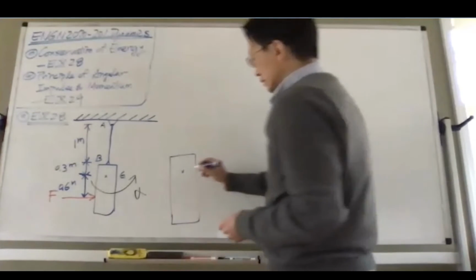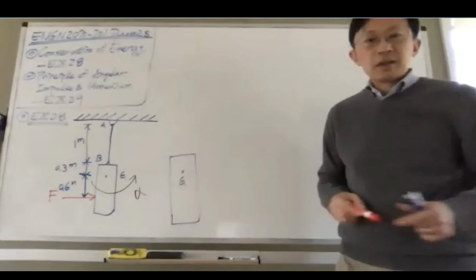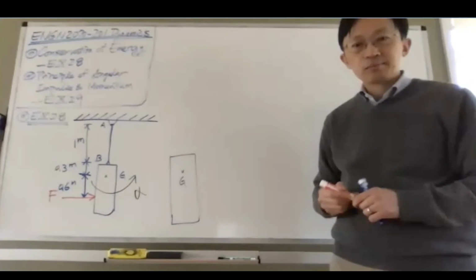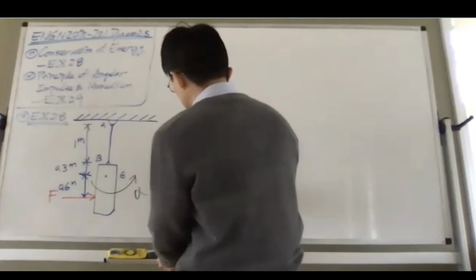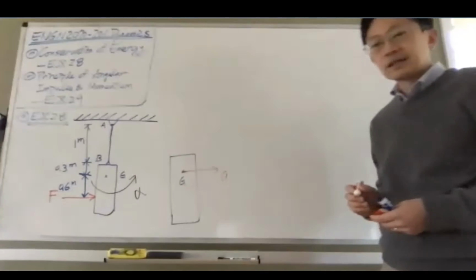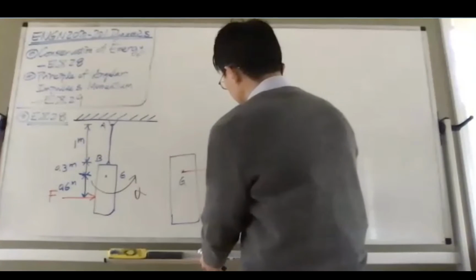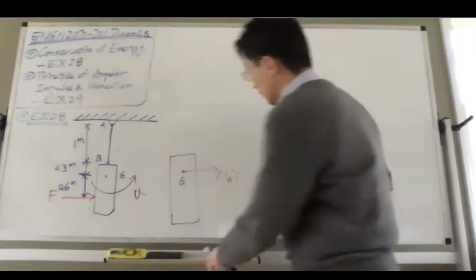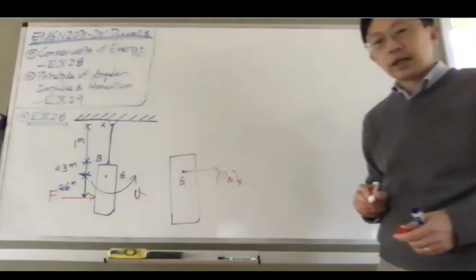First of all, there's going to be a horizontal component in the x direction. At the center of gravity, we call the acceleration AG, and for the x component, we add another subscript, so we call it AGX.